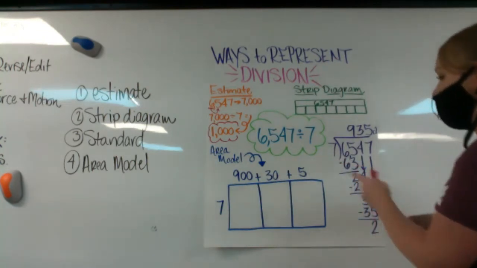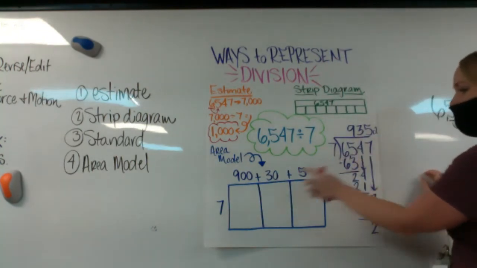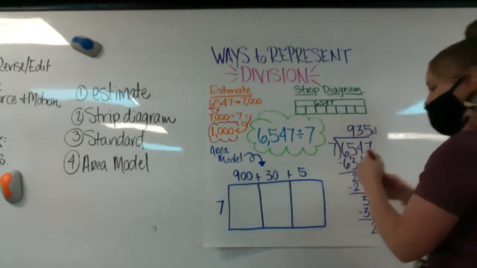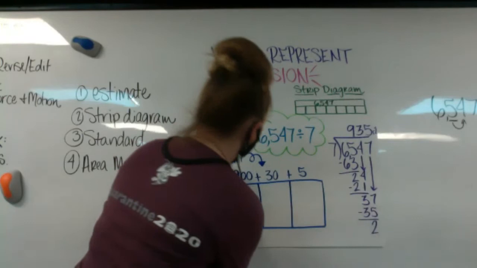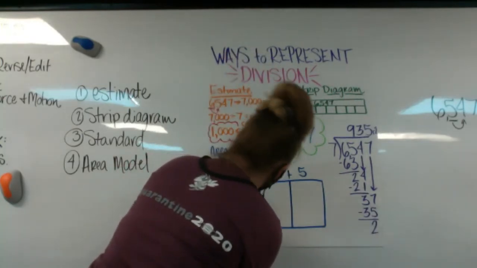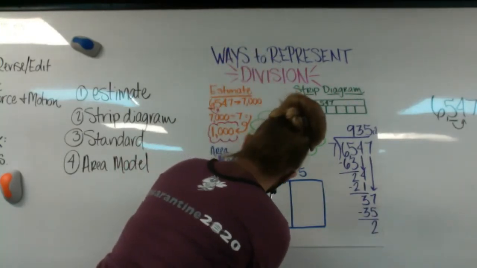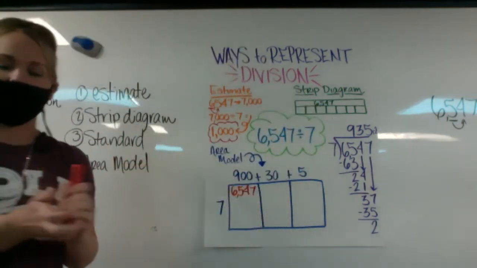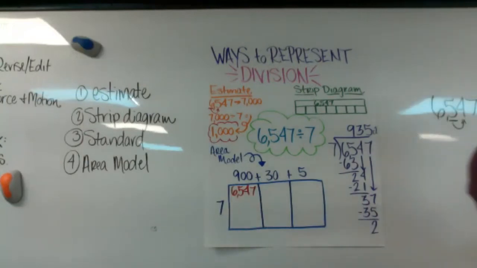So on your unit test, the very first number that you will see inside of here will be this whole dividend. So I'm going to write 6,547. And I'm writing it in red, so you know that's the first thing you'll see.